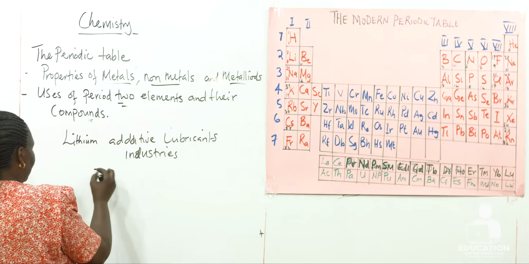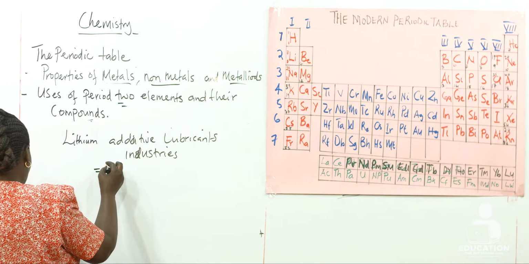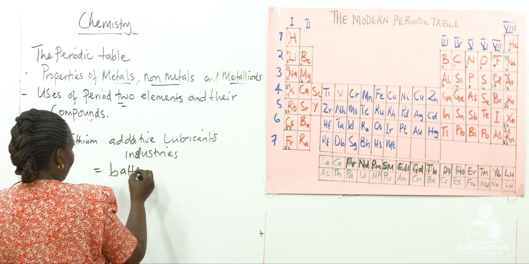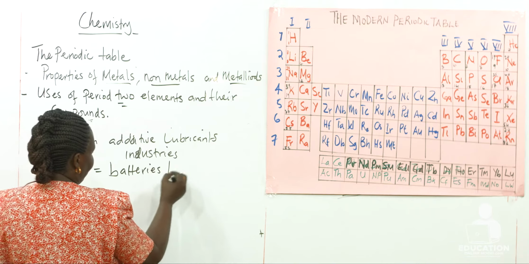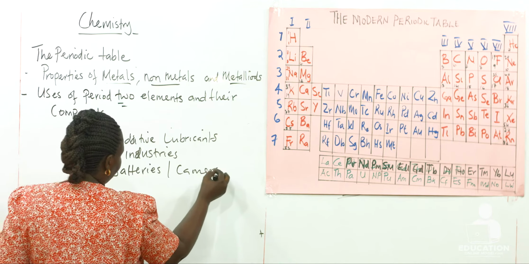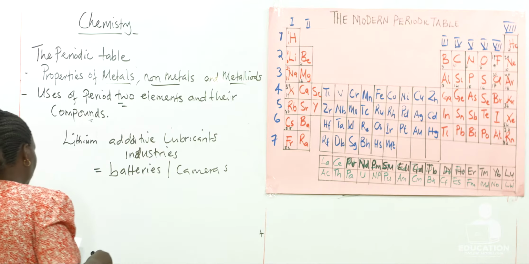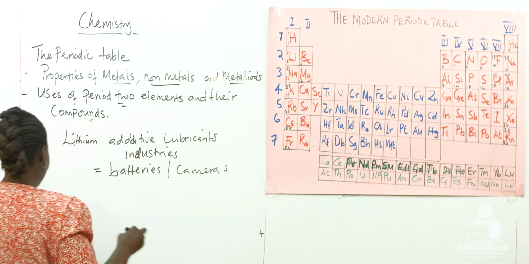Lithium is also found in batteries that are used for cameras. Then it is also used for making strong light alloys.